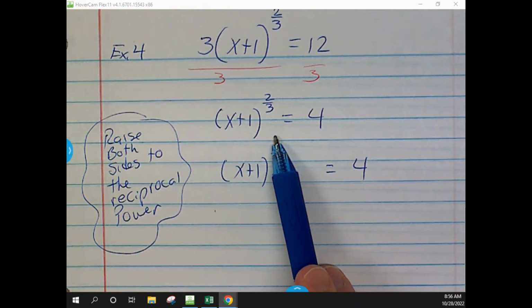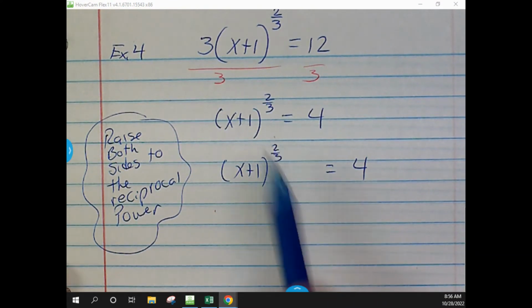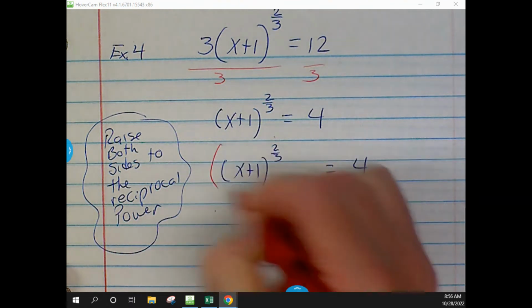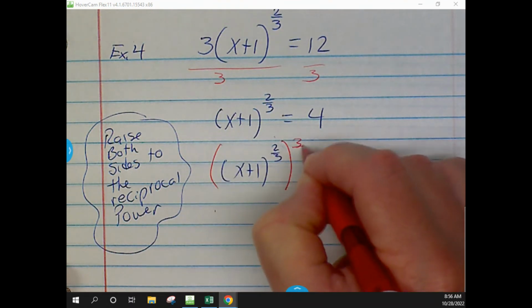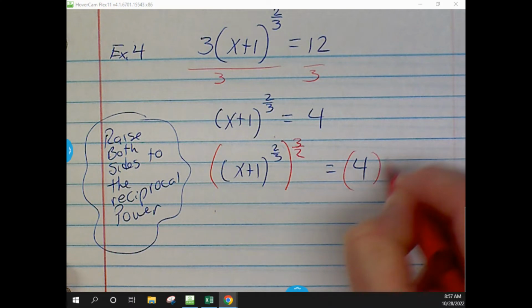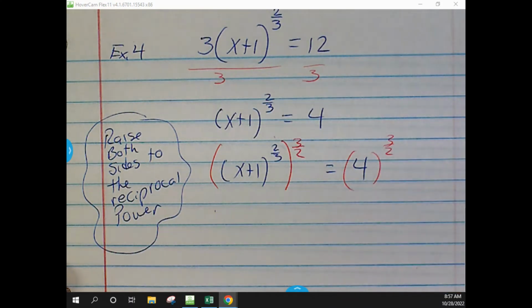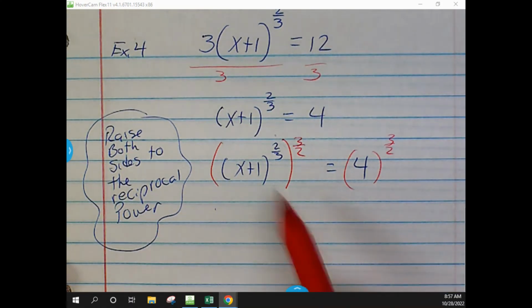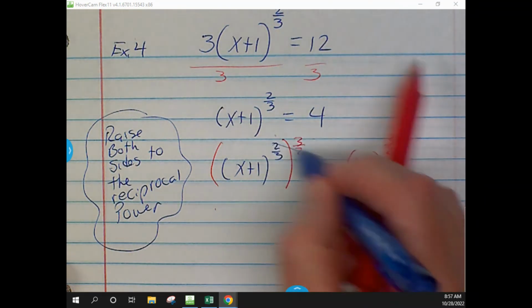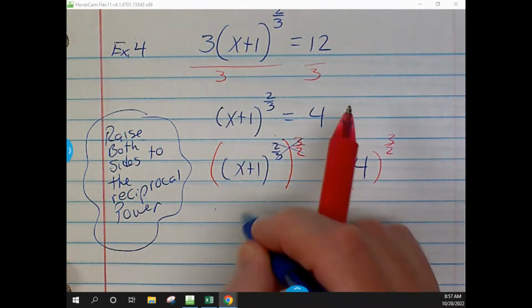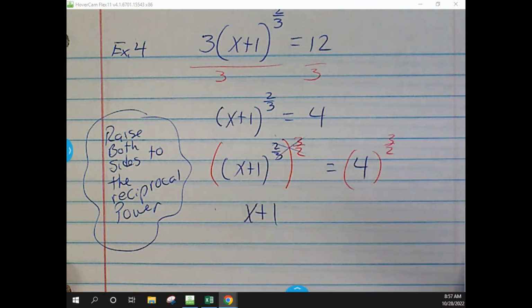So if we go back to our properties we were doing yesterday, the way to do that is we're going to take this whole thing and make it to the 3/2 power. Because the properties we were looking at yesterday is if this thing was raised to a power, you just multiply these together. And if you multiply those numbers together, the 2's cancel, the 3's cancel, and you're left with just x plus 1.